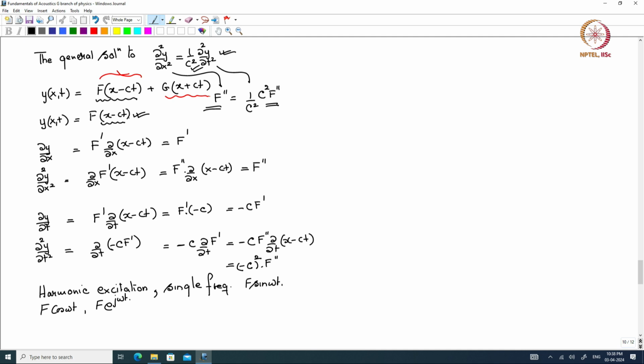So, now we will have to bring this aspect of harmonic excitation into this solution. That means we are going to find the form equivalent to this form when we excite the system with harmonic excitation.